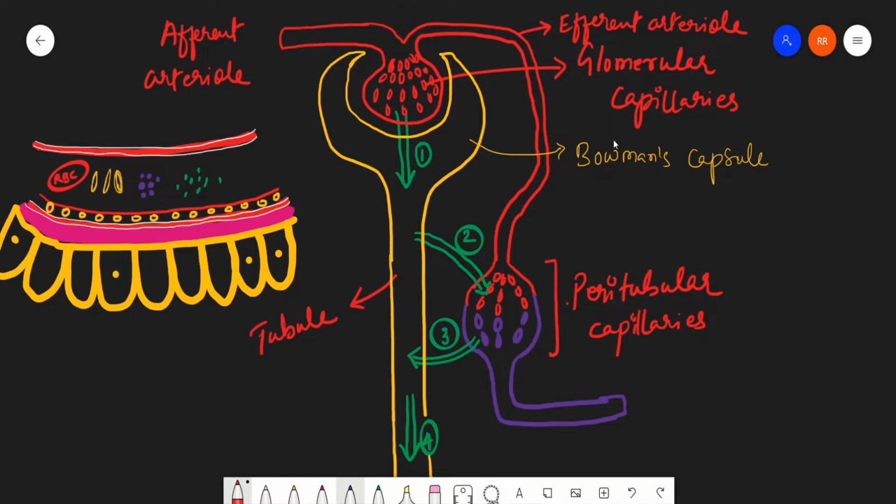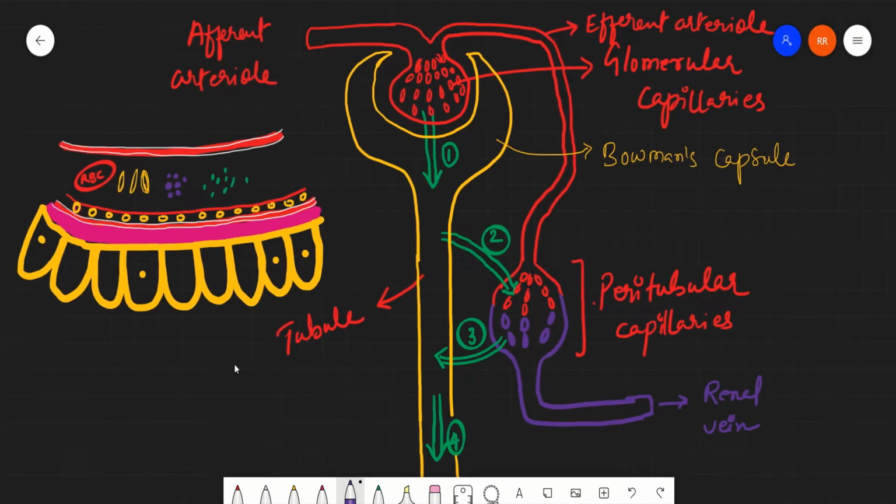And the final part, this one, is your renal vein. So these are some of the important parts you should know. And one more thing we will go through today.